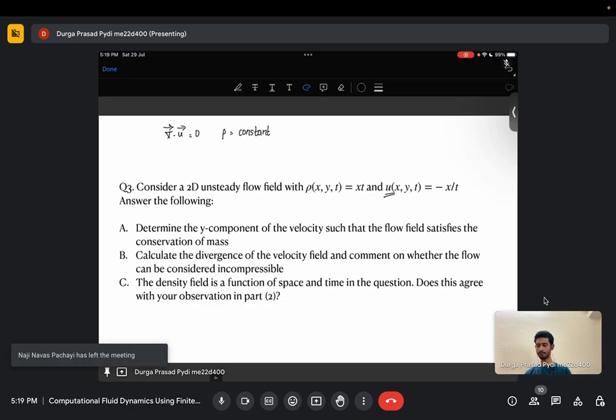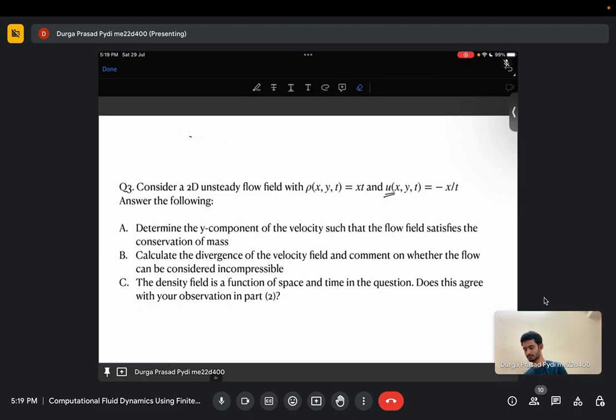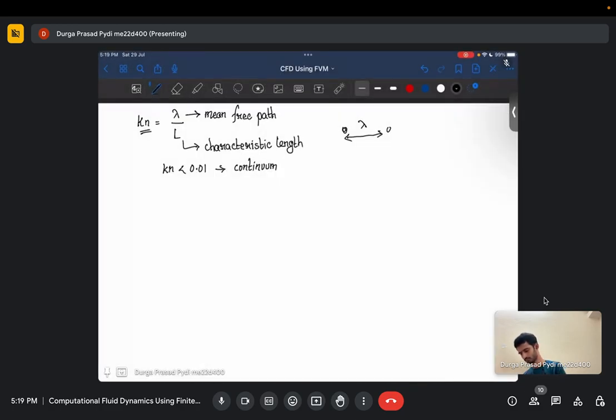The starting step would be writing the conservation of mass. I am giving you rho of x, t as x times t, and u of x, y, t as minus x by t. The first question is to determine v of x, y, t.